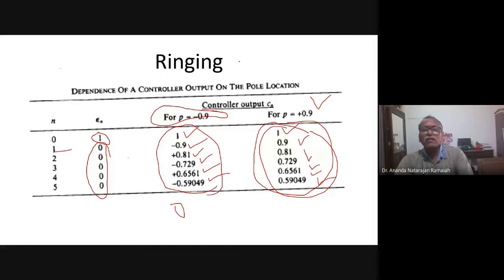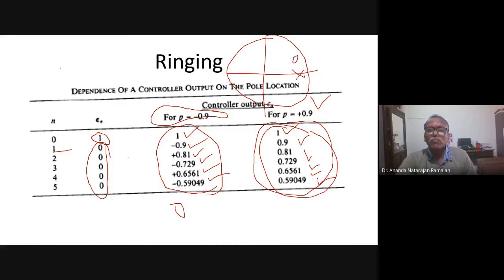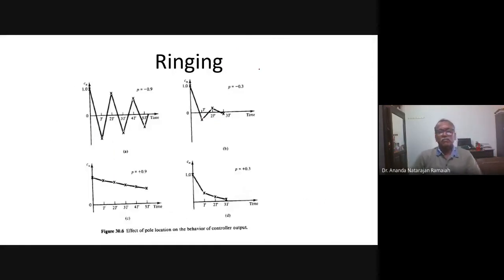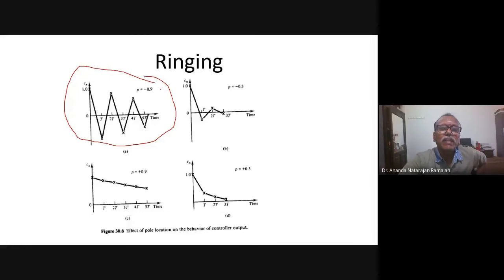That's why the pole of the controller should be on the right hand side, that is plus 0.9. If it is in the left hand side, minus 0.9, then it is a stable controller, but it will give a ringing effect, as given in the waveform. If you plot the controller output, if it is minus 0.9, it oscillates, giving positive value, negative value, alternatively.